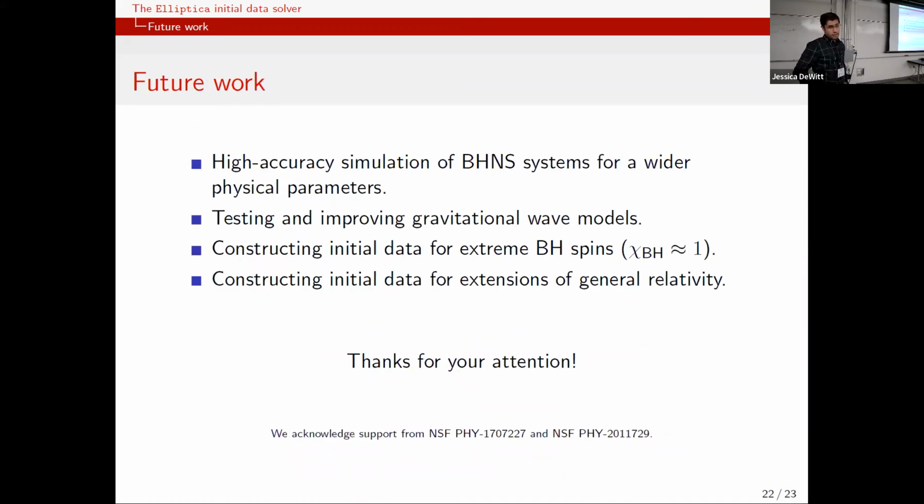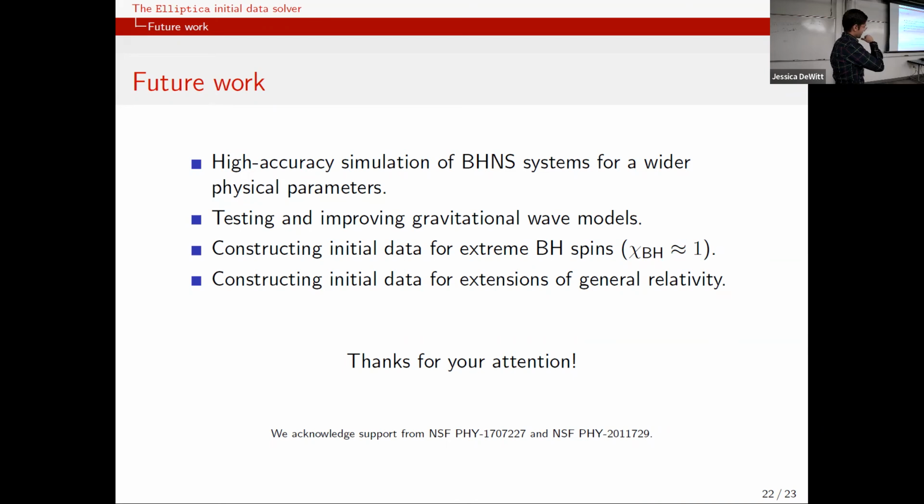The future plan that we have is to study more black hole neutron star systems for a wider range of physical parameters, and also testing and improving our gravitational wave models along this line. Also, as I said, achieving the Elliptica limit with high spinning black holes.